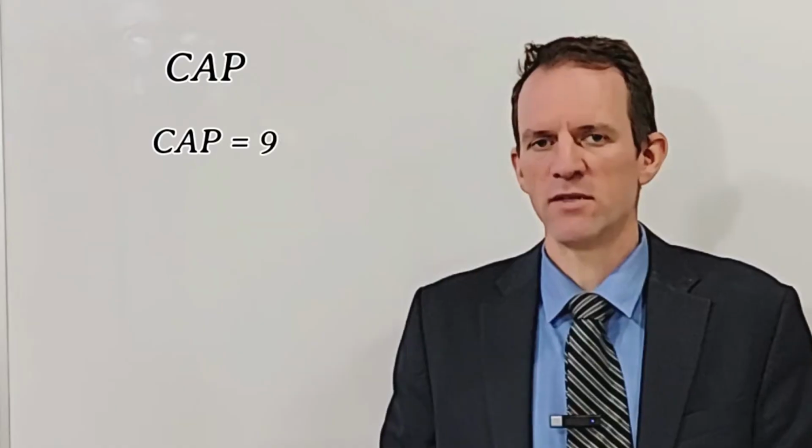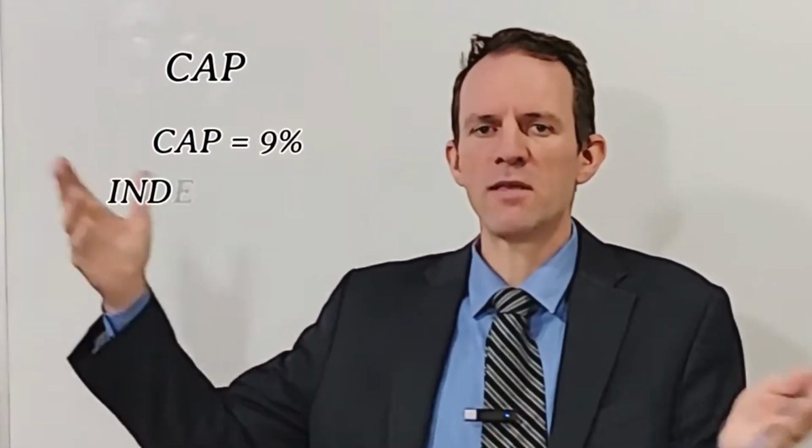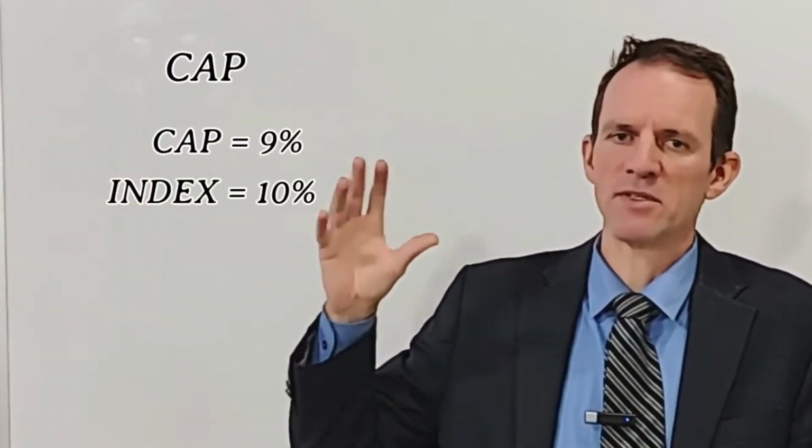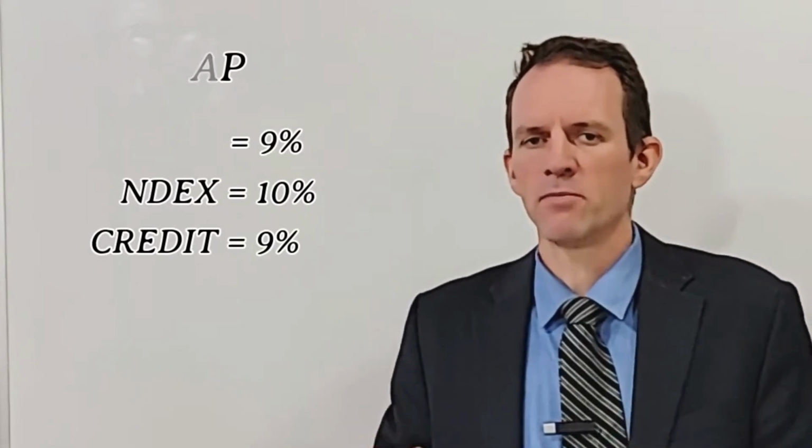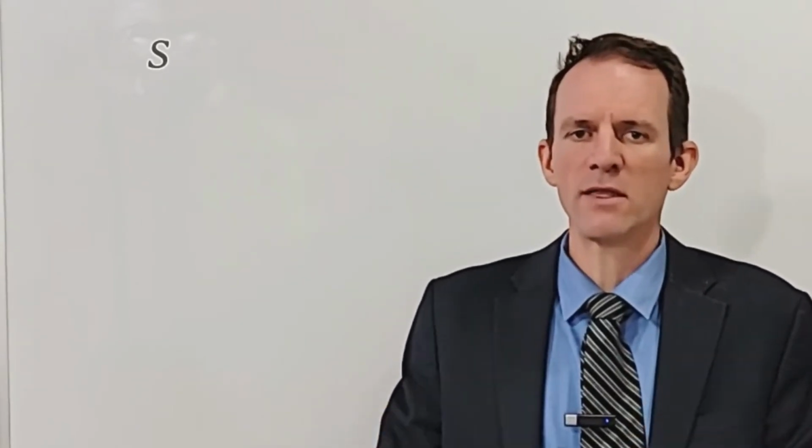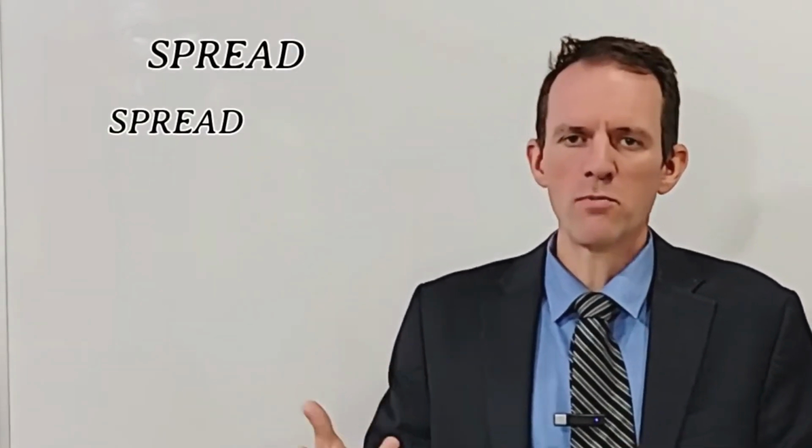Now, here's where things get a little confusing. A lot of people don't know this. A lot of advisors don't know this. The public definitely doesn't know this in general, is that your index performance is based off some other variables. You may have a cap, which means, let's just say your cap is 9%. So if the index goes up 10%, well, your cap is 9%, you'll get a 9% credit. Or you have a spread, let's say your spread is 2%.